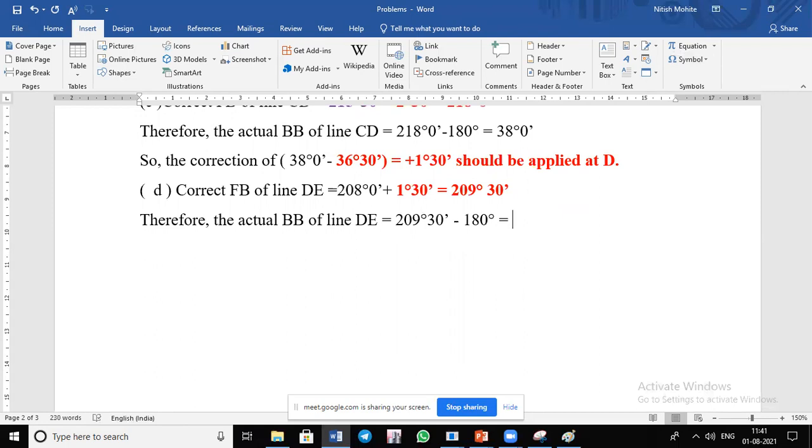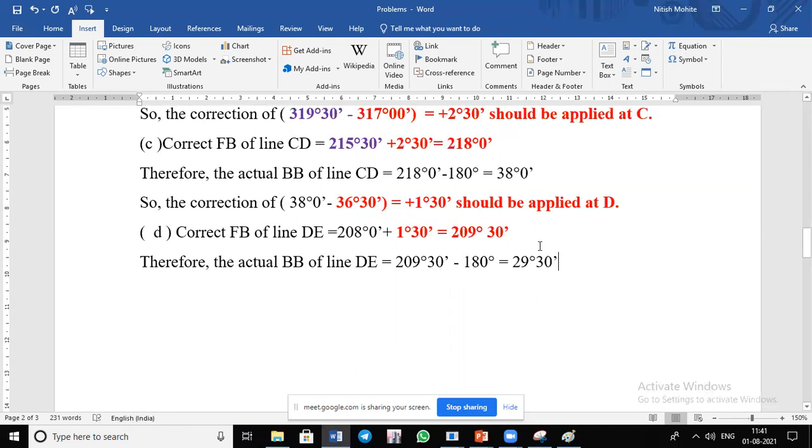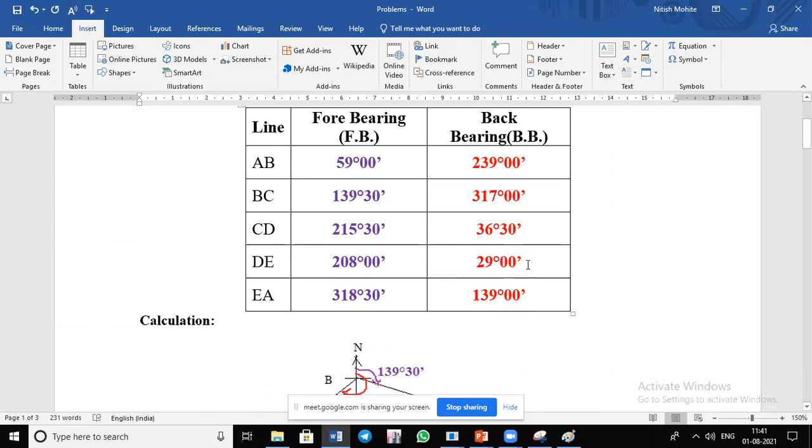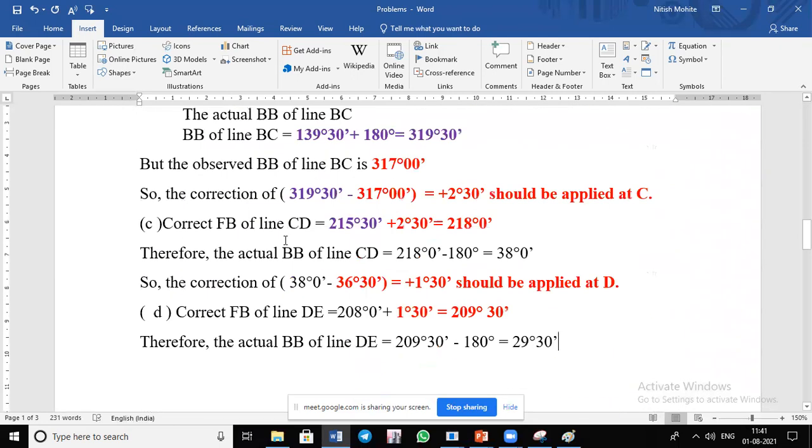So it comes out to be how much? 29 degree 30 minutes. But the observed reading was how much? You can see it was 29 degree only. So it was only 29 degree. Okay, so we'll write down the statement.